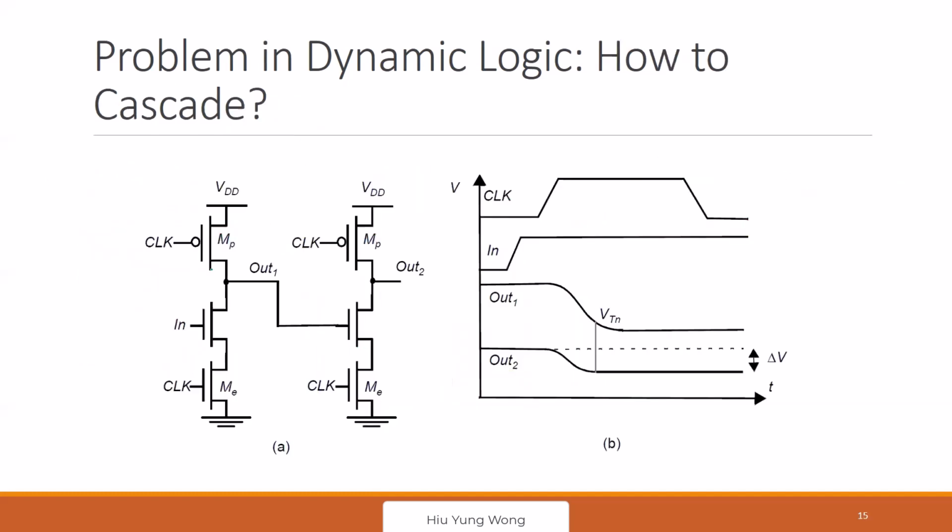And what is the problem of dynamic logic? Another problem is we want to cascade it, right? So I want to propagate this signal to the next stage. Let's look at this. When the input is high, that is good, right? High, what does it mean? I want it to be low.